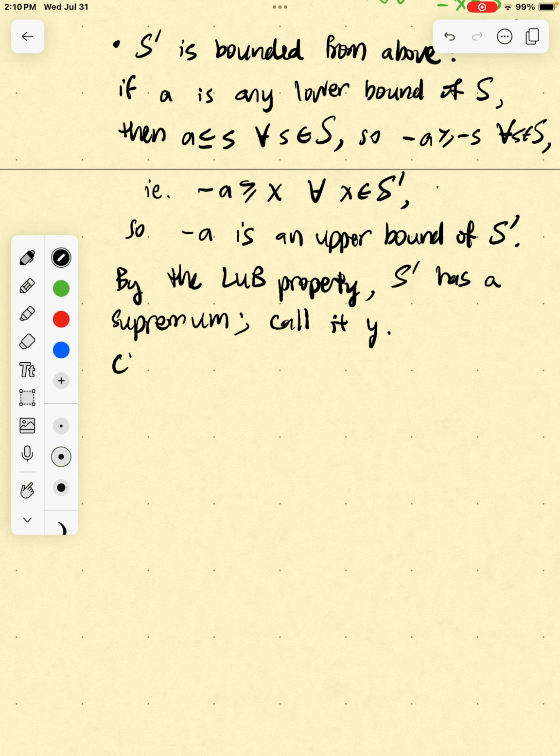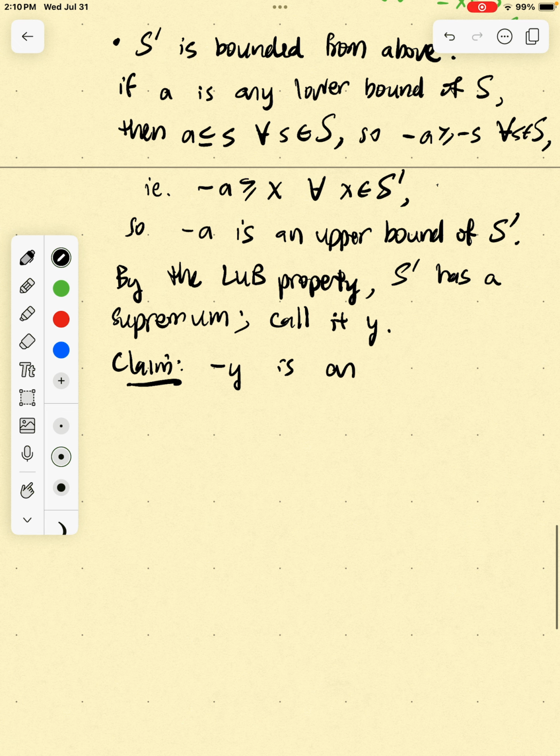And now we claim naturally that negative y is an infimum of S. We don't want to say that negative y is the infimum of S because that assumes that there is an infimum in the first place, right? Of course, once we know that there is an infimum, then we know that there's only one, so we can call it the infimum.